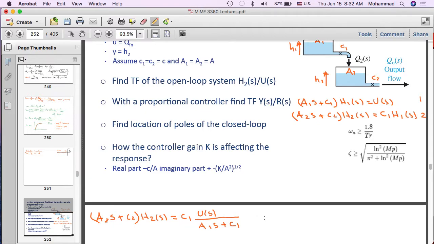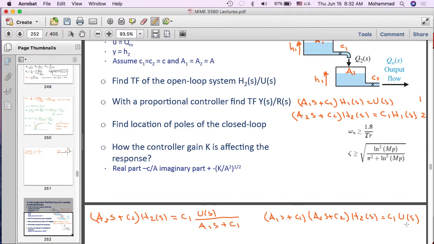So (A1 s plus C1) times (A2 s plus C2) multiplied by H2(s) is equal to C1 times U(s).